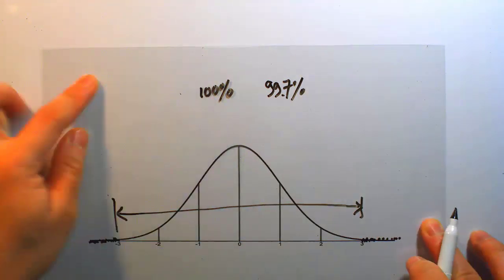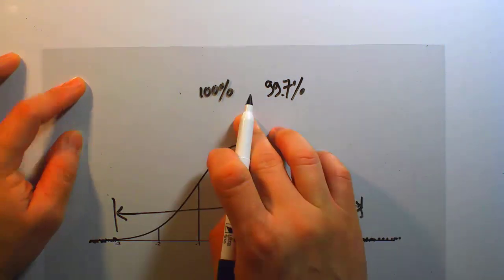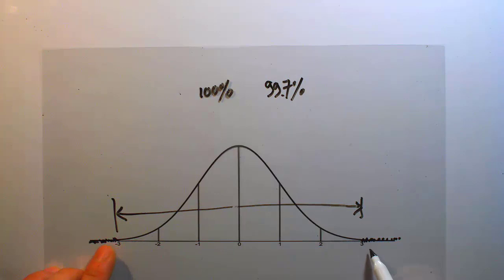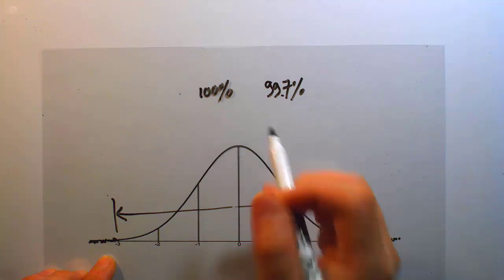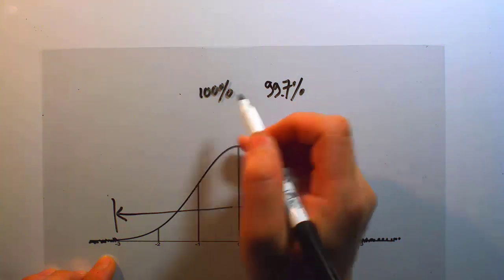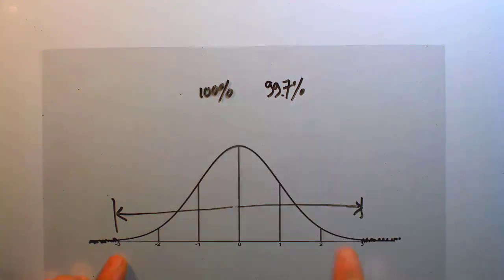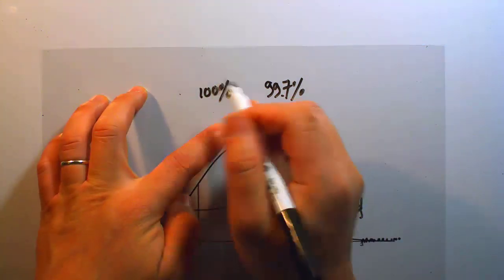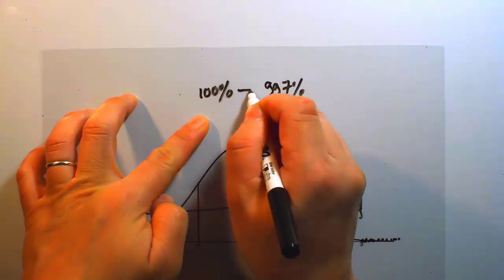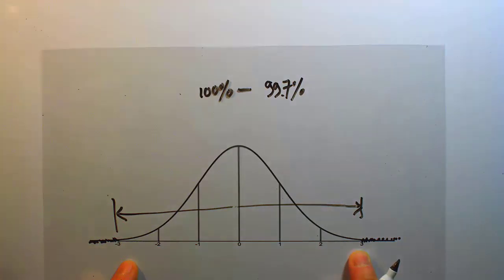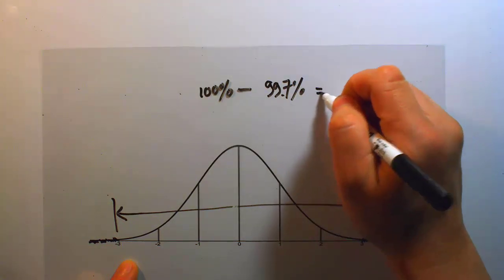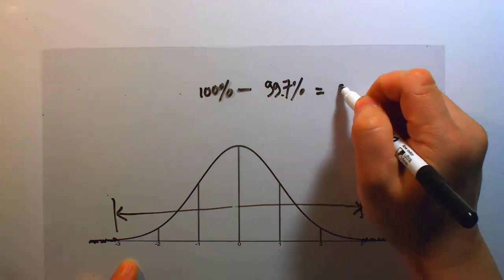And so the two little tails that we shaded here are outside of the 99.7. They're not inside, they're outside. I have to emphasize that. And so being outside, the famous mathematics work to calculate things outside of a group is to take the whole 100 and minus away the big group. And so subtracting away the big group, it leaves us 0.3%.